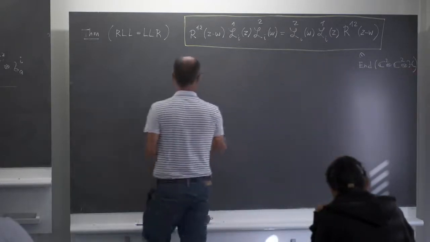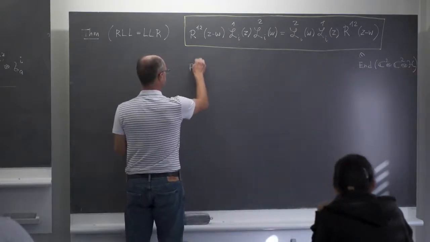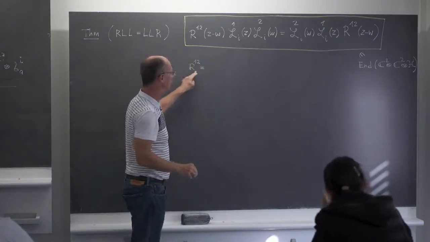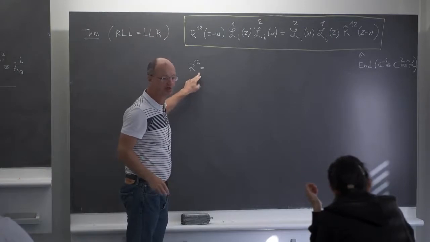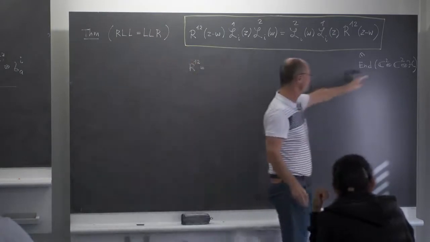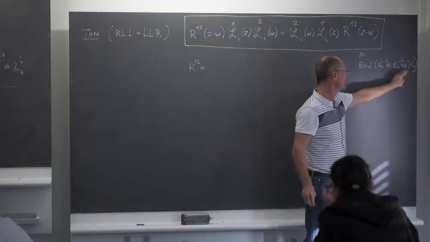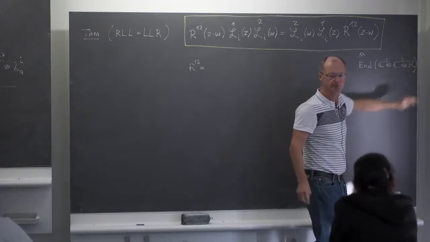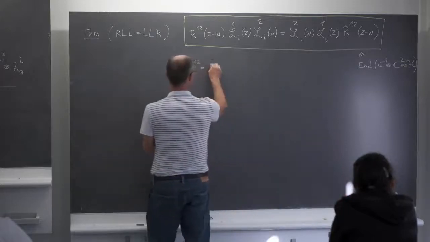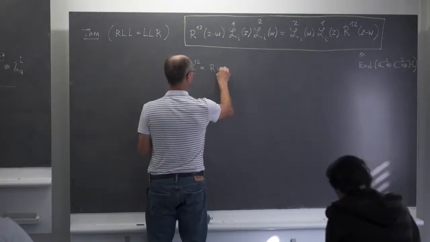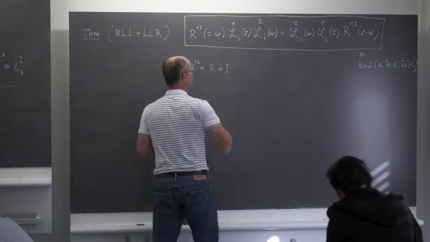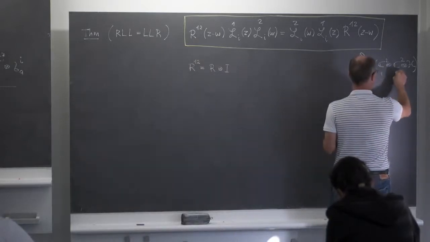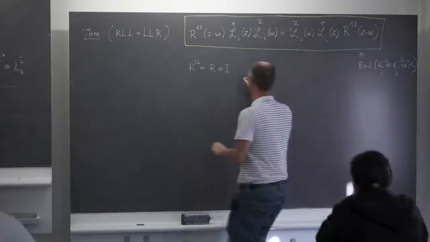Now, how does it work? In particular, this R12, right? This is a 4x4 matrix. So this 4x4 matrix acts here, and to act on H, it simply acts by 1. So this is equal to R tensor 1. So let me call this space 1 and this space 2.